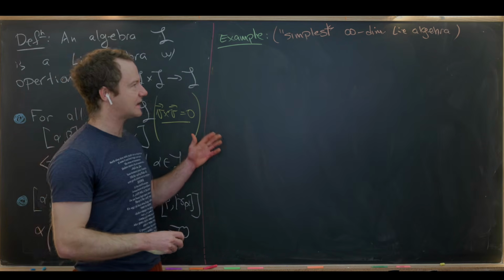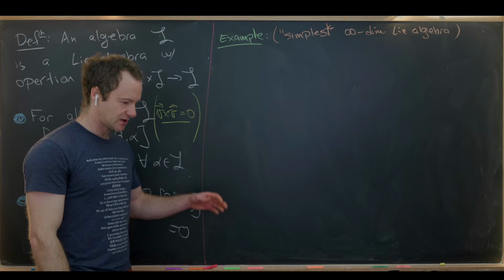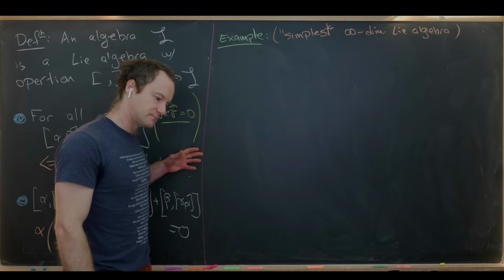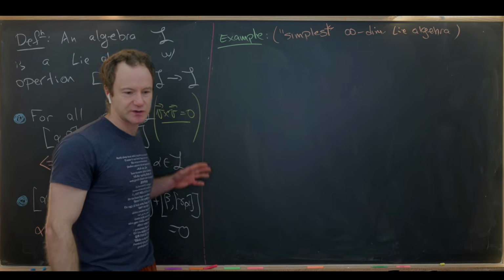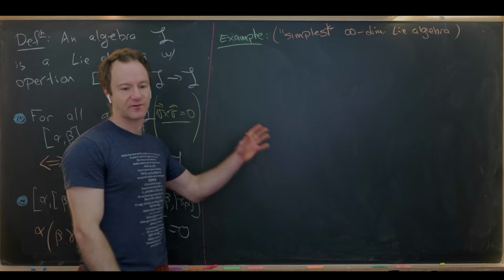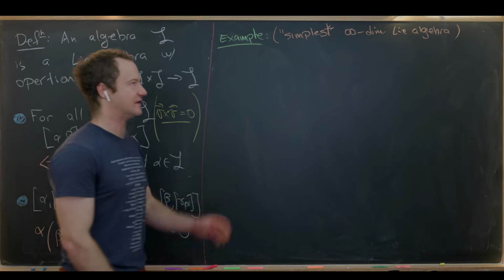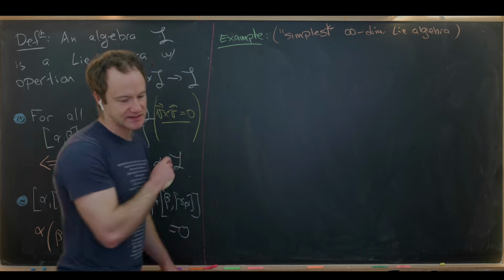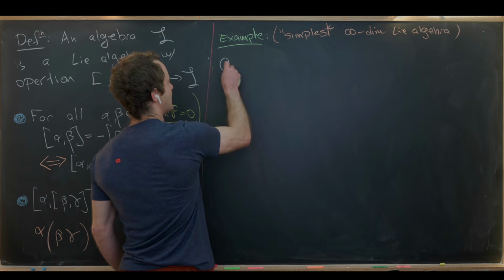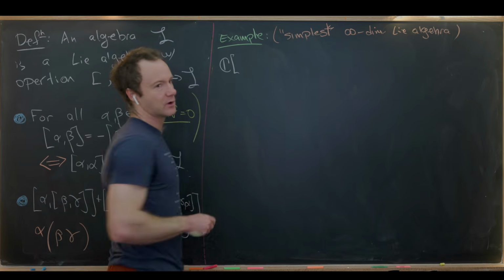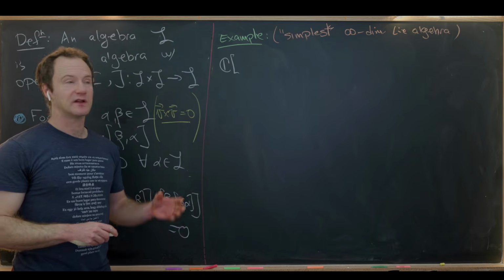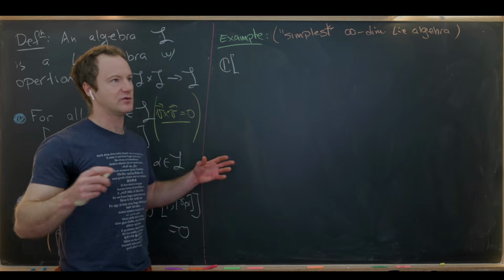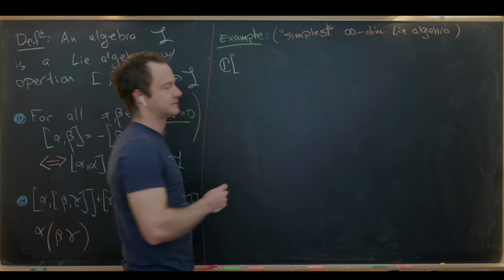So what we need here is an action space, a space for things to act on first, before we can actually define the vector space. So let's look at this. Remember our polynomial algebra from before? Well, we could have a polynomial algebra with, instead of one variable, infinitely many variables.